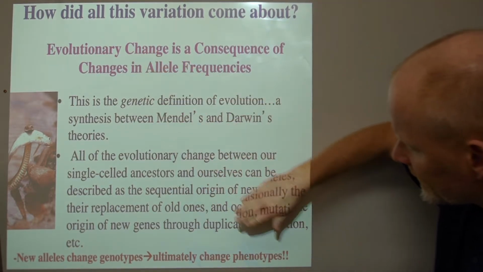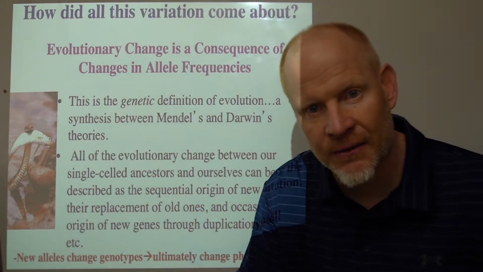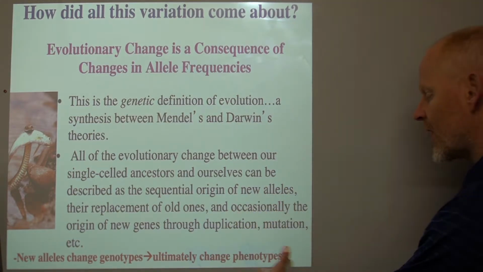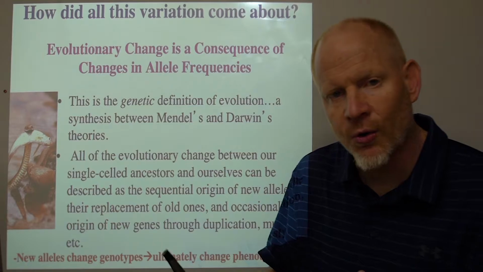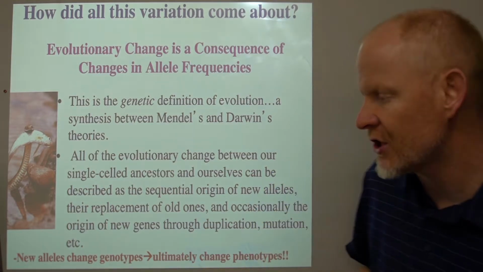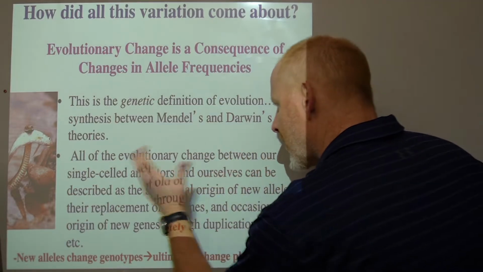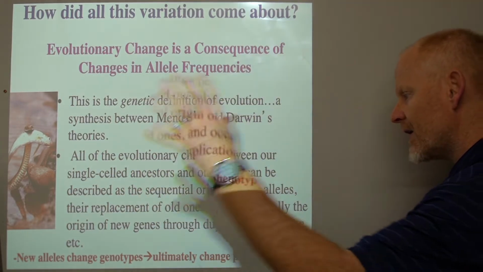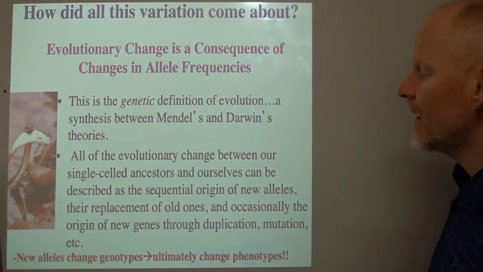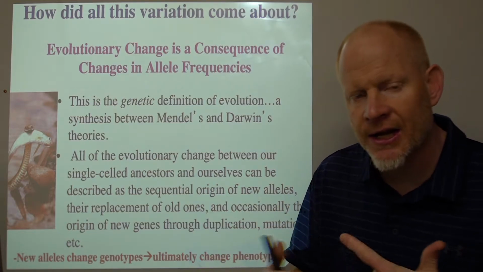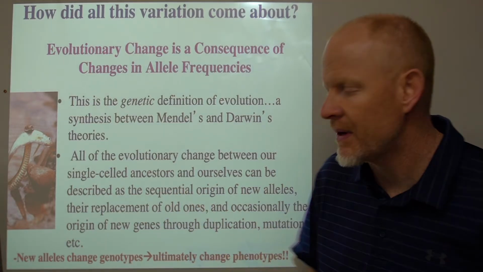Evolution works on phenotype, on what you look like, right? What the structure is. But all structure is ultimately programmed or determined by the code, right? By the genetic code. So evolutionary change has happened from our single-celled ancestors 1 billion years ago all the way up to what you see today. And it's simply a change in allele frequencies over a very long period of time.